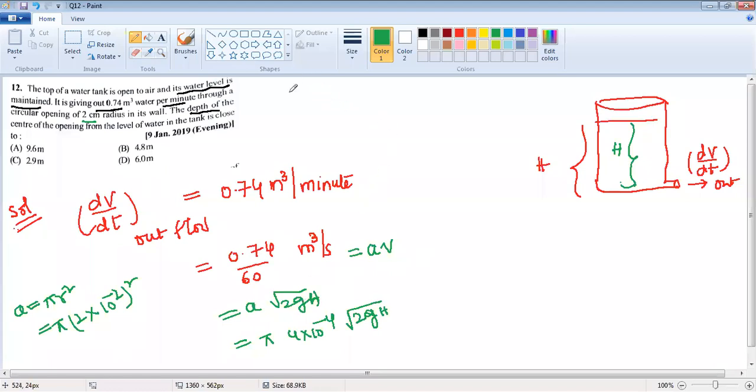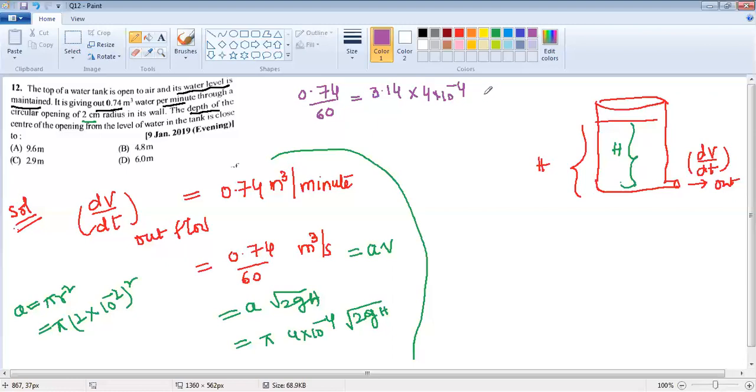Now equate this. I'm solving this one. So 0.74 by 60 equals pi, and pi means 3.14, into 4 into 10 power minus 4, into root over 2gh.